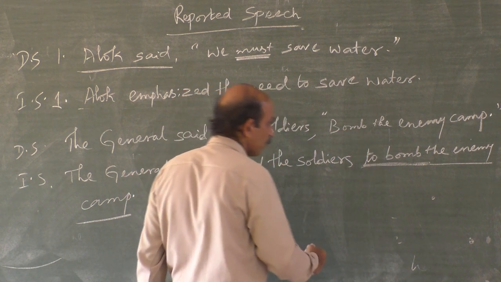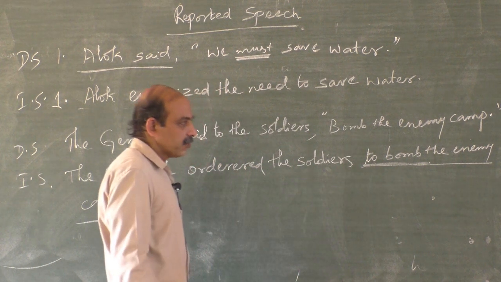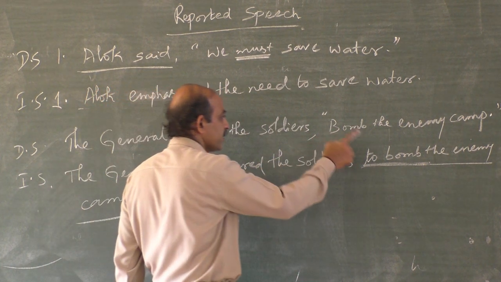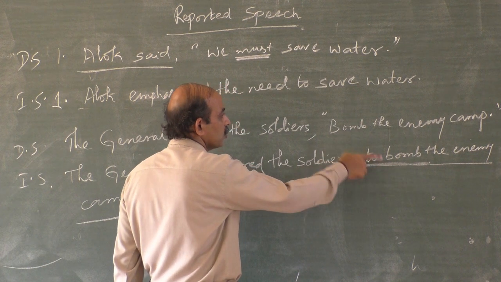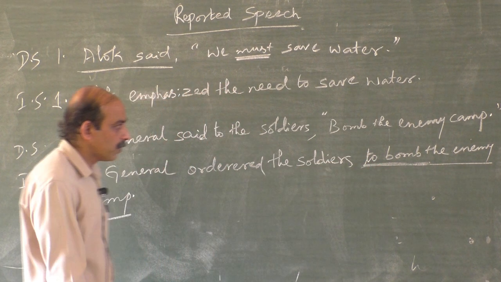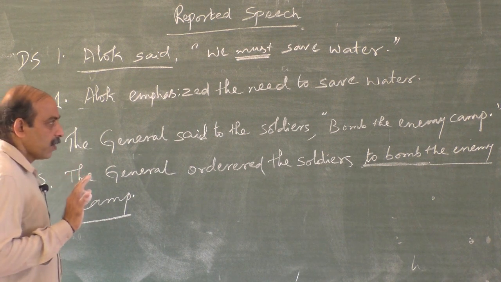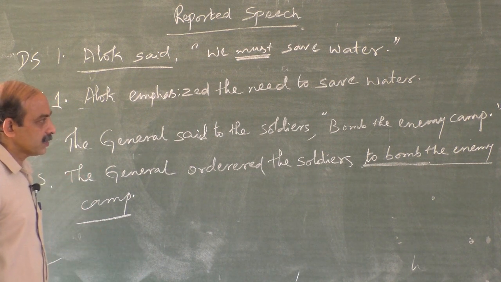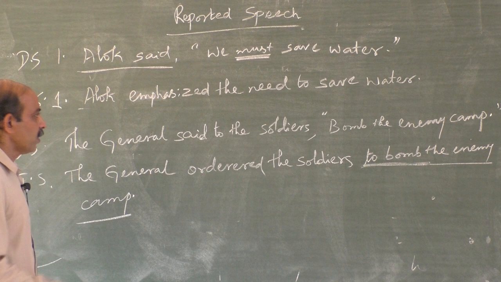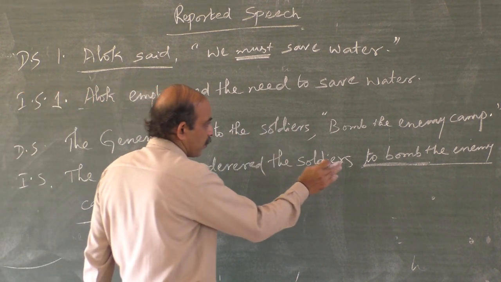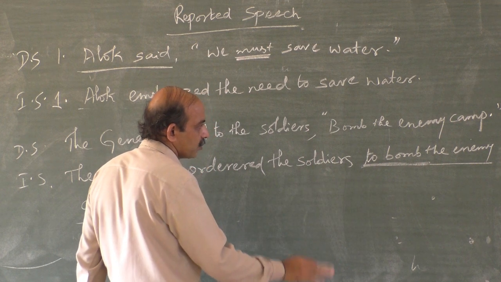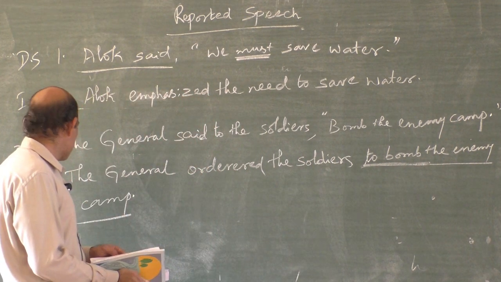The second part begins with an infinitive construction: the verb is changed to the infinitive, "to bomb the enemy camp." So remember, an imperative sentence has infinitive constructions after the main clause, the principal clause. This is very important with regard to imperative sentences. Wherever imperative sentences are available, remember the second part very carefully. When you write, please don't commit mistakes.